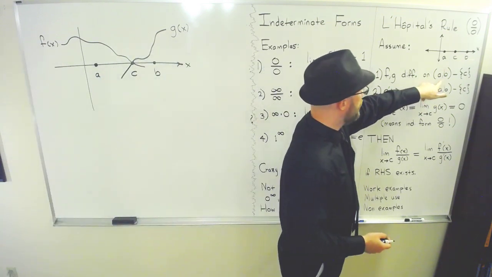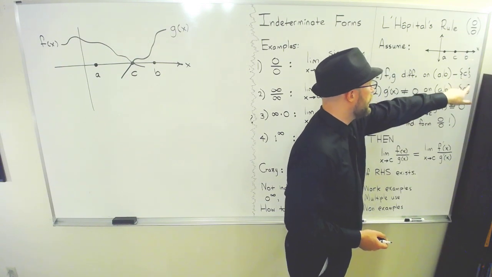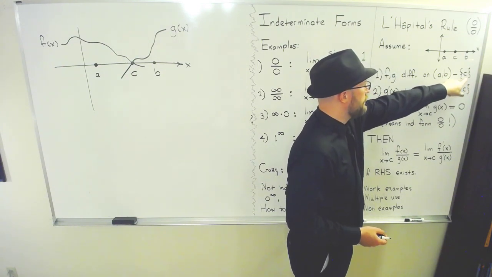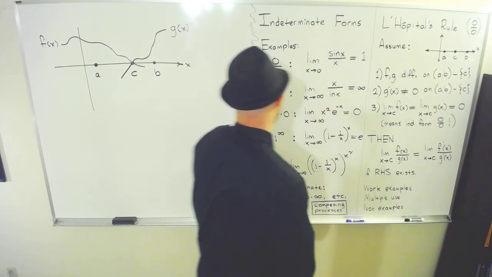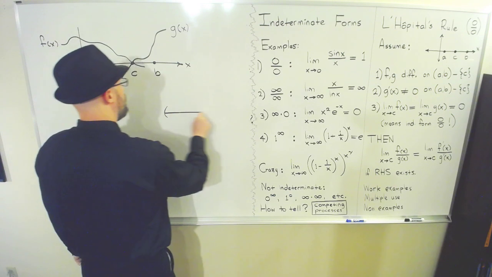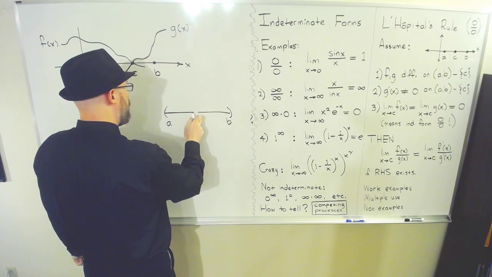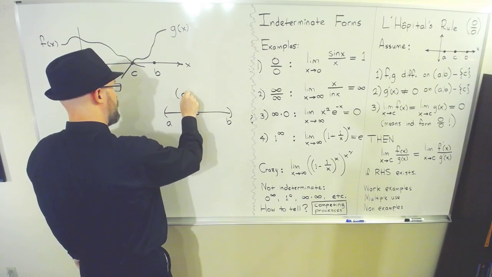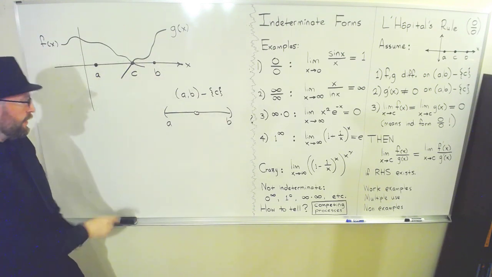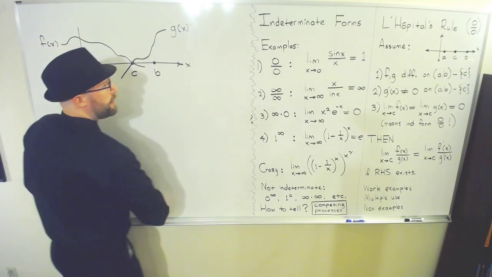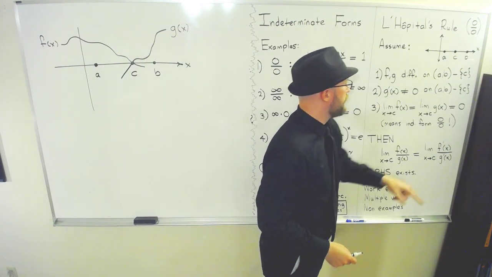The notation with the minus sign and the little brace with the C is set notation for the singleton set that has just one element in it, C. All this means is that I take that open interval from A to B, and I draw a hole there at C. That's what the expression AB minus the singleton set C means. So I'm saying f and g are both differentiable on the interval except at that point.